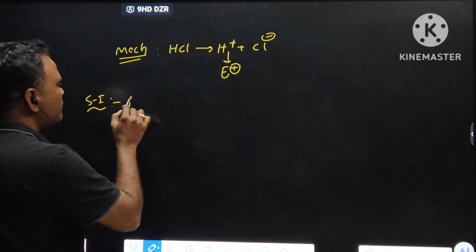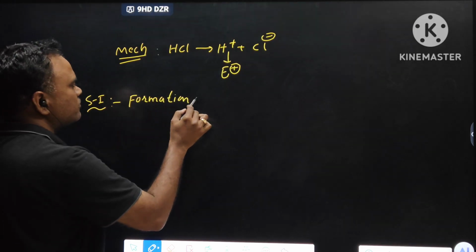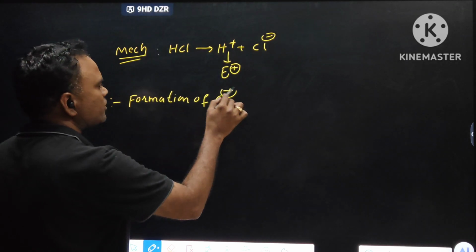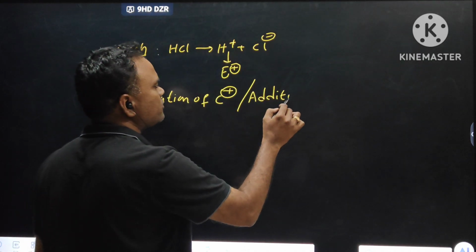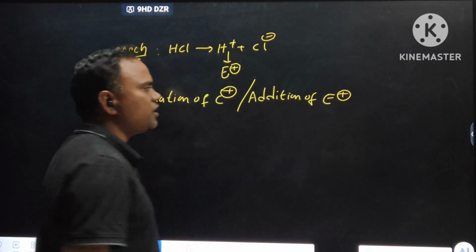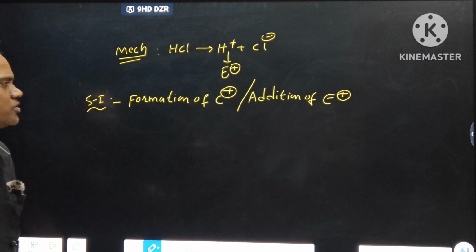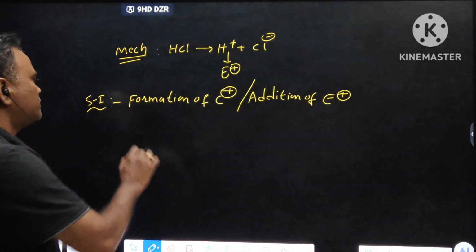Step 1 is the formation of carbocation, or you can consider this step as addition of electrophile. E positive stands for electrophile. Formation of carbocation or addition of electrophile.